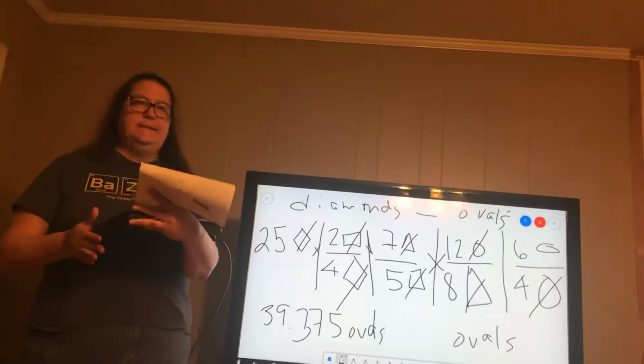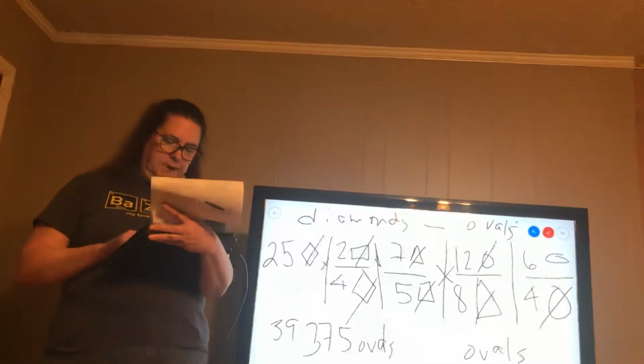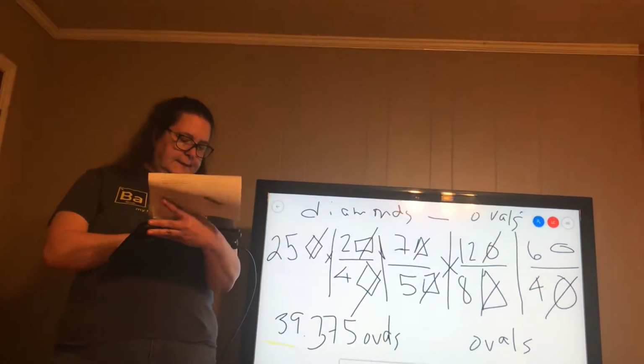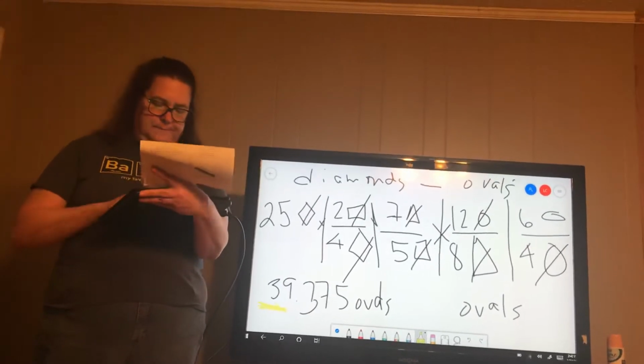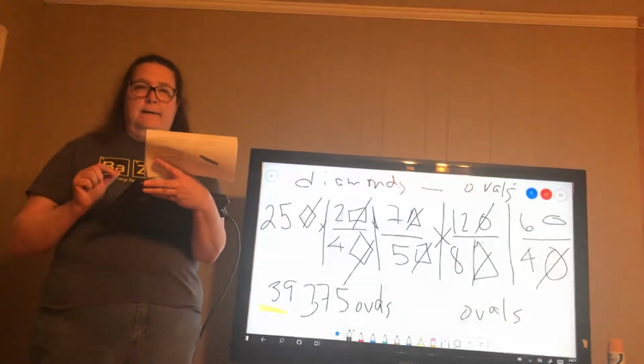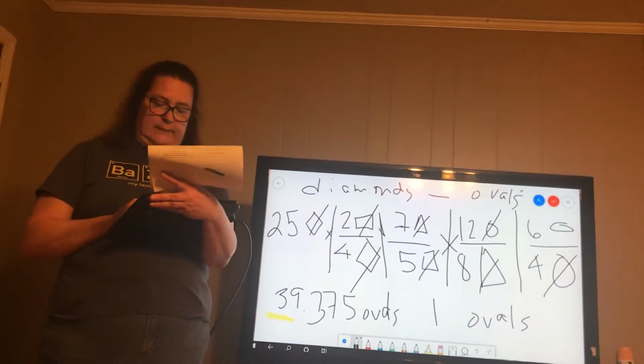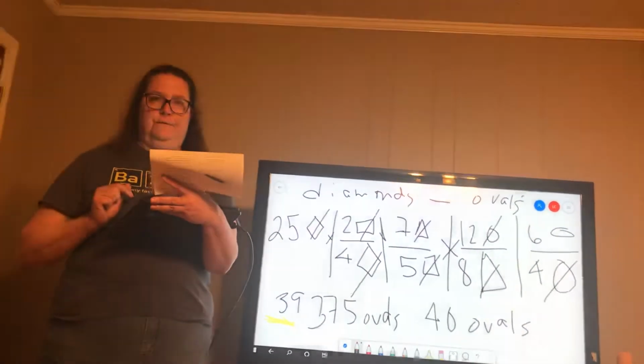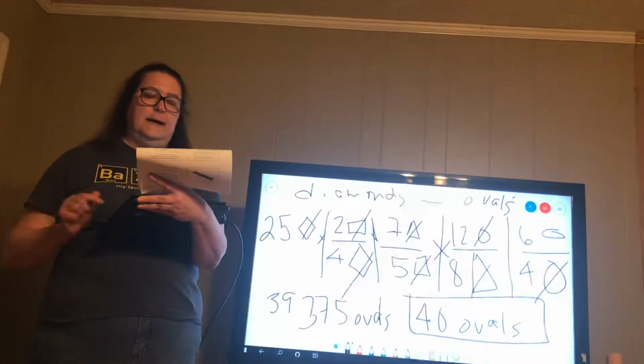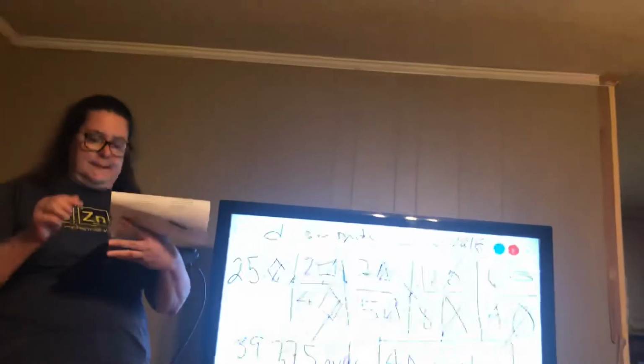But that's not in sig figs. So if I'm looking at this, this is the significant figure right here, that 3. And remember, we either round it up or round it down. So if this is a 9, that means we're going to round it up to 40. Okay, so that's the answer for slide 6.